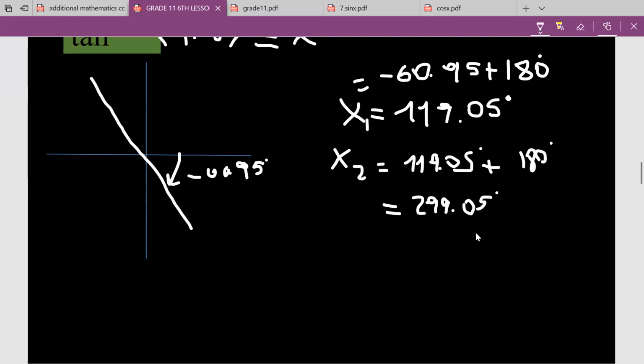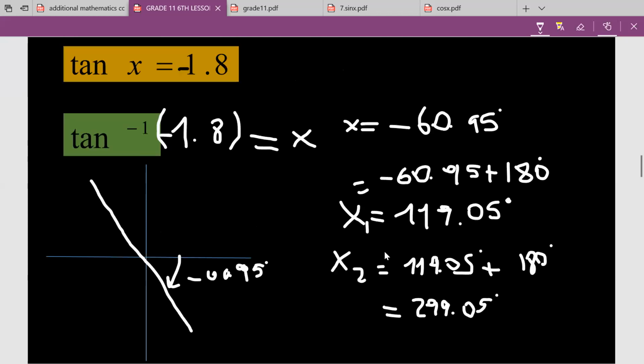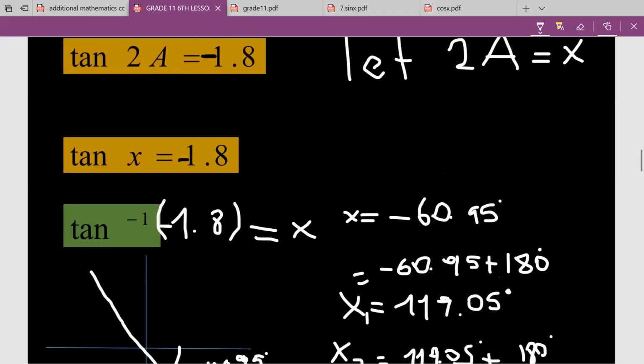Okay, you could ask, teacher, for example, the second solution of x is greater than 180.